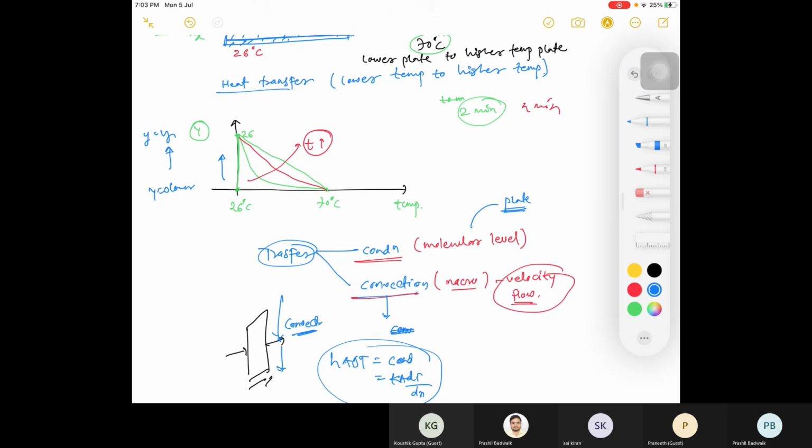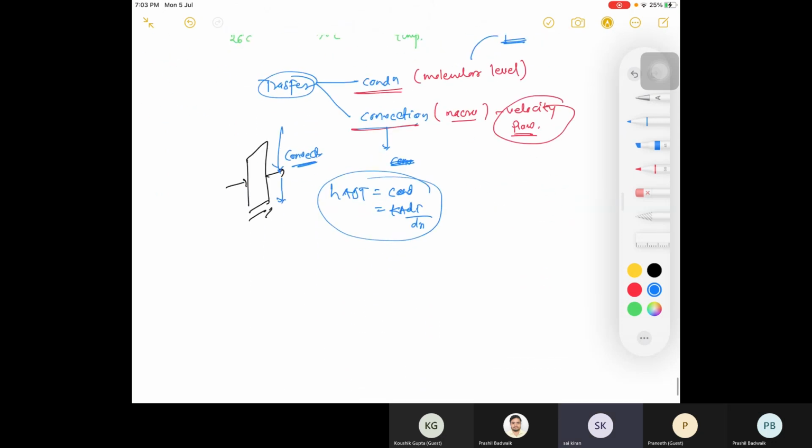Suppose if we take a ratio of these two, can we compare? Yes, sir. Okay. Suppose I say there is a number X and I define it as convection upon conduction. So you write hA dT divided by kA dT by dx. Right?